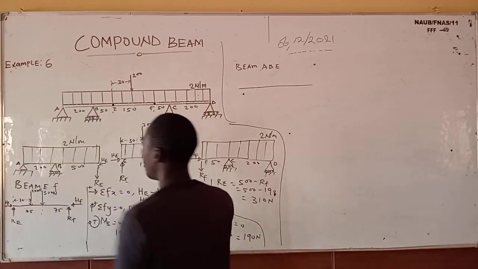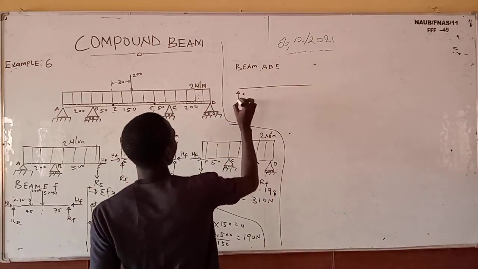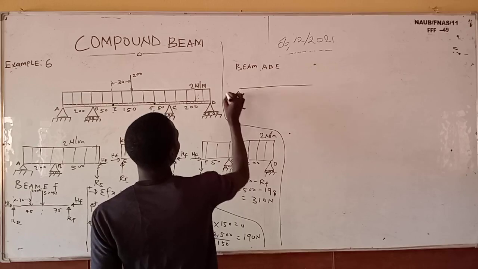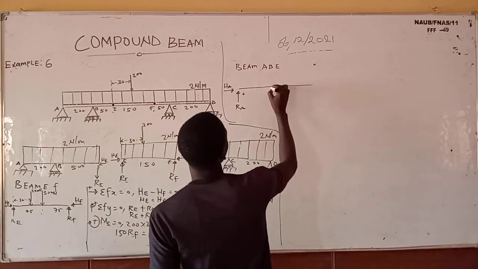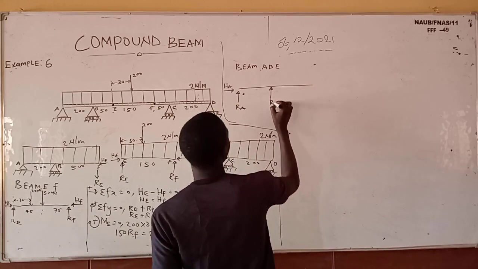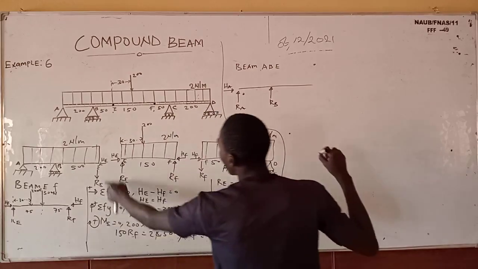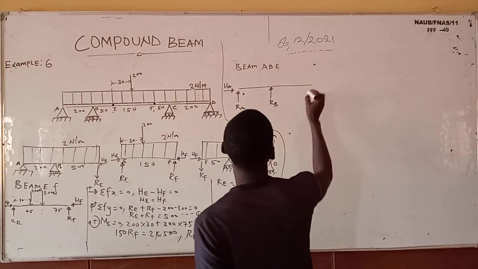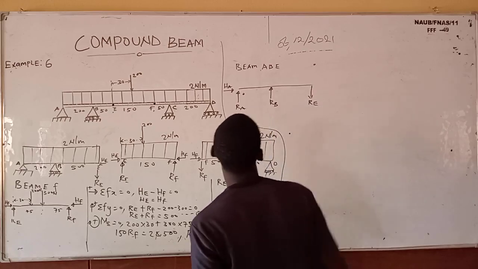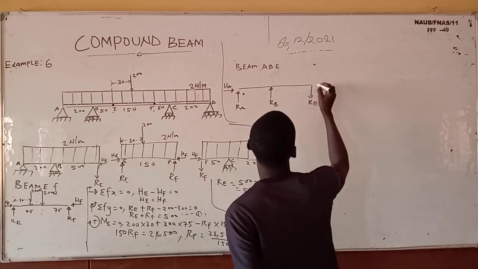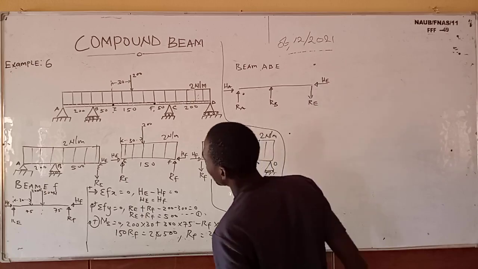This one is a hinge here, which is going to have two reactions, R_A and H_A. We have a roller support there, which just gives us one reaction, the vertical reaction R_B. Here we have this as a downward force, which is R_E. Right? We also have this one like this, which is H_B.